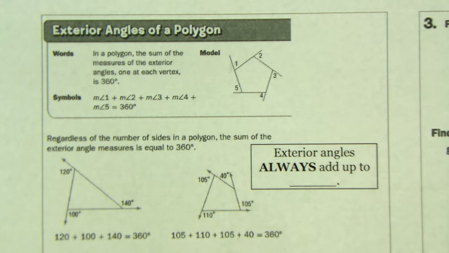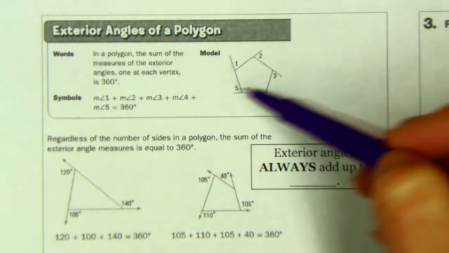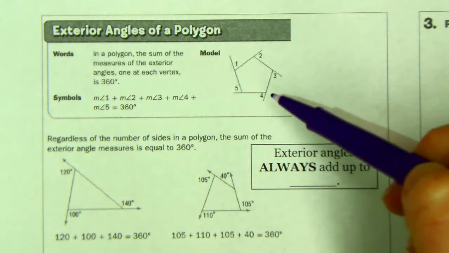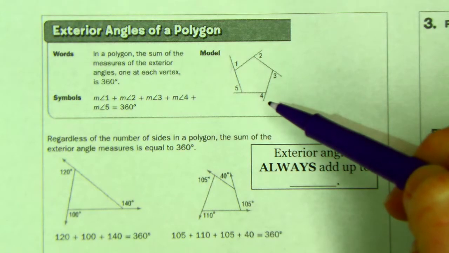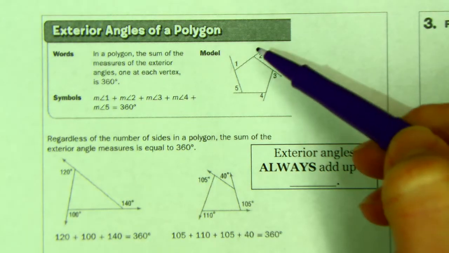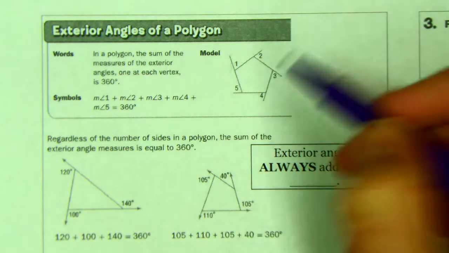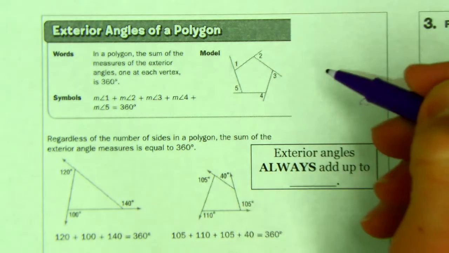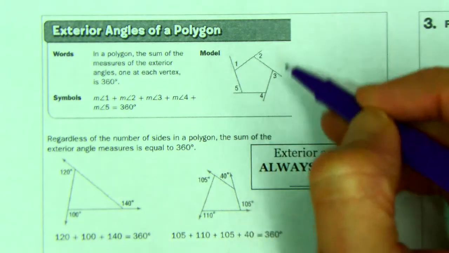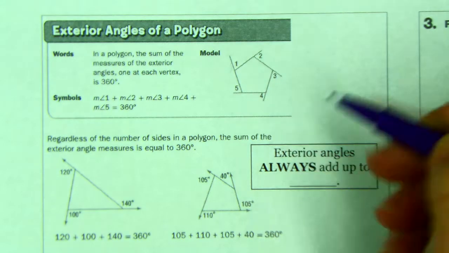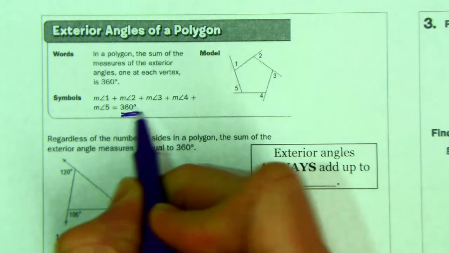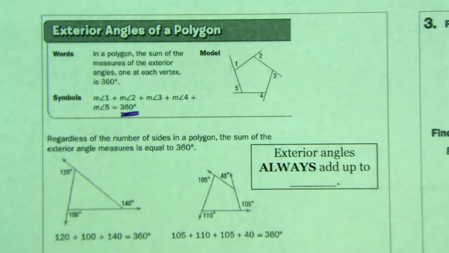The cool part of this is that no matter how many sides, this picture gives us not only a pentagon, but a regular pentagon. Okay, when you extend all of the sides to create exterior angles, when we add all 5 of those angles up, it will always equal 360. That's not just for a pentagon, it's for triangles, it's for quadrilaterals, it's for hexagons.